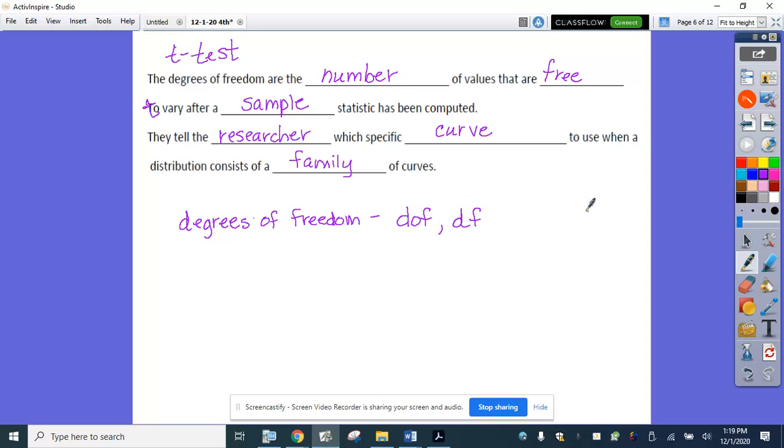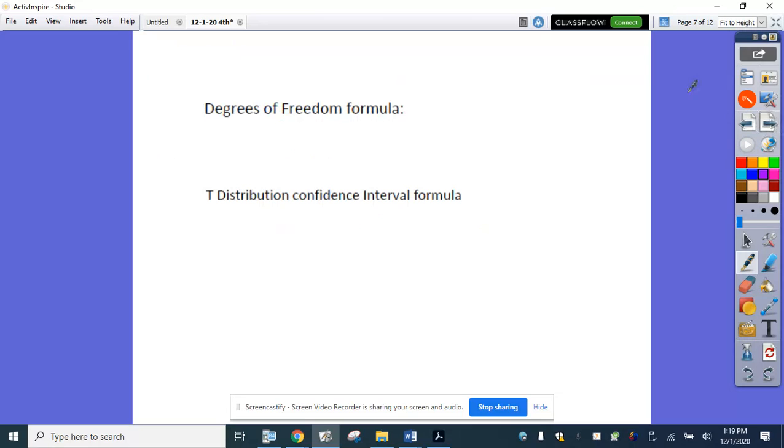As press has changed the way things are written, we have abbreviated things differently. So DOF and DF both mean degrees of freedom. Now, how do we find the degrees of freedom? Well, this is probably the easiest formula I'll ever know, and it's n-1. So however many people you talk to, just subtract 1 from it.